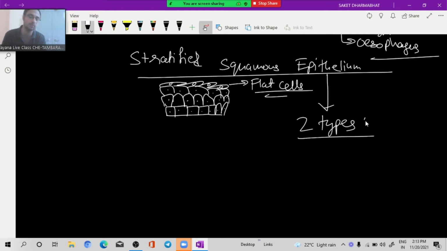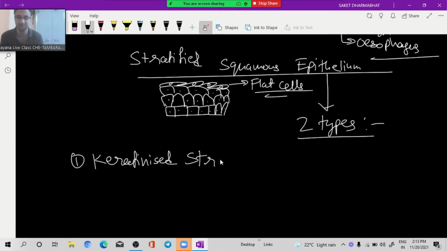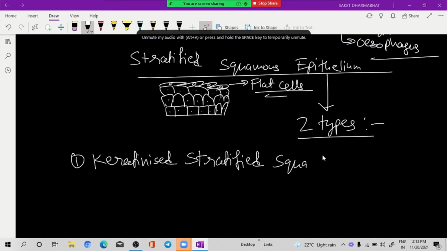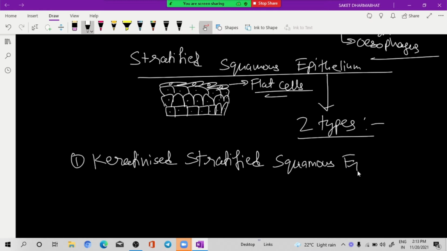First is non-keratinized and the other is keratinized. First, we will talk about keratinized stratified squamous epithelium.